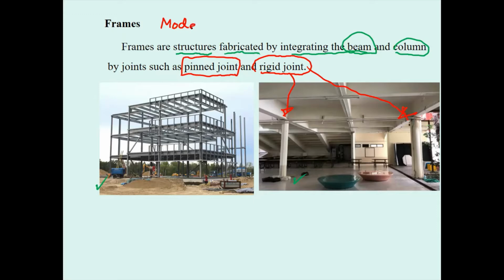You may model the support as a fixed support, a pin support, or a roller support. But for the reinforced concrete frame, you are supposed to model it with fixed supports, and the joints are assumed to be rigid joints.